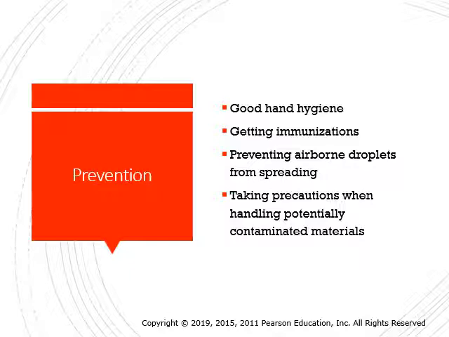And then also taking precautions when handling potentially contaminated materials. So for healthcare workers, this requires the use of gloves when appropriate, right? Things that are contaminated, so dressings, bed linens, patient gowns, garbage, measuring Foley catheters, so blood and body fluids.